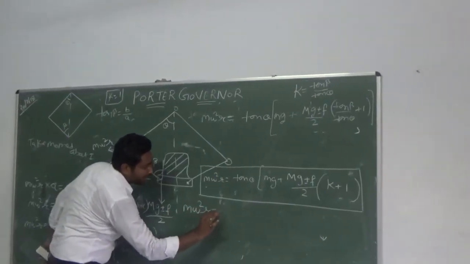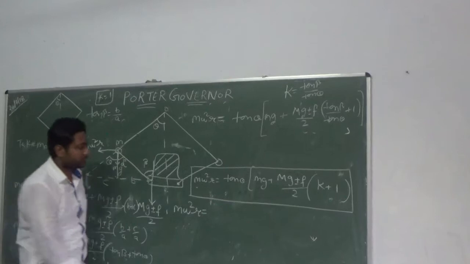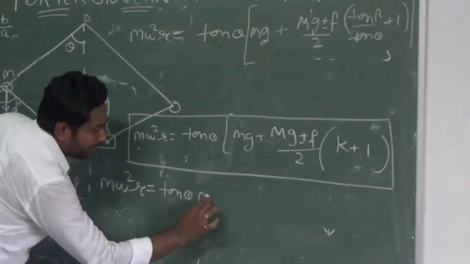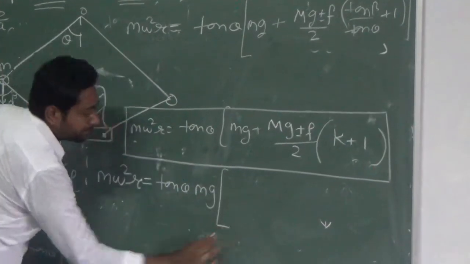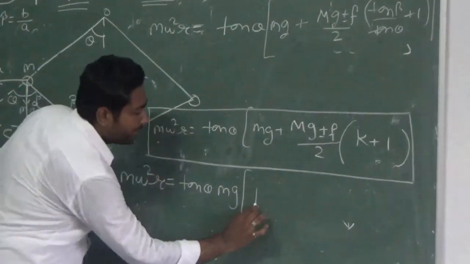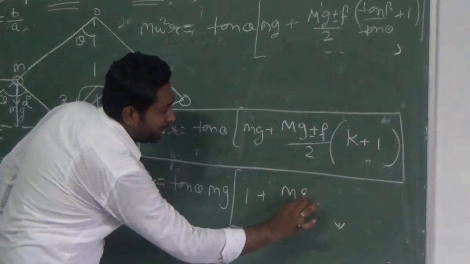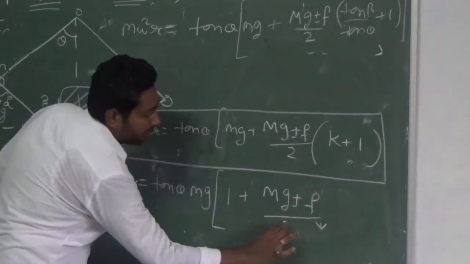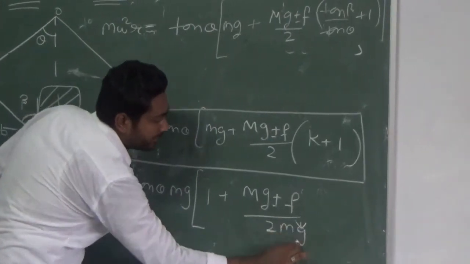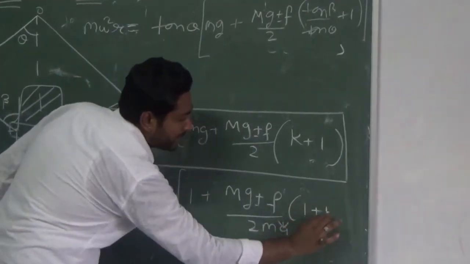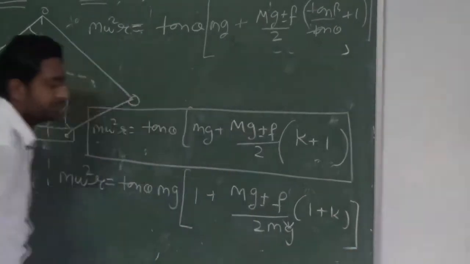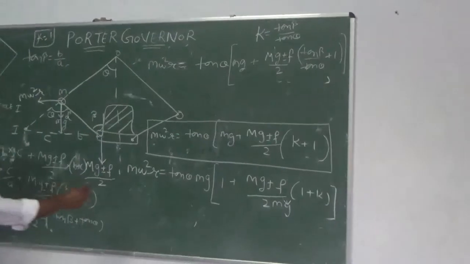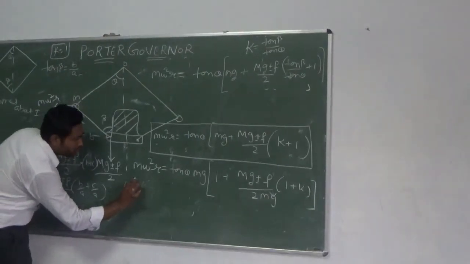M omega square r is equal to tan theta. We take mg as common term: 1 plus capital M G plus minus f by 2 mg, 1 plus k. Understand? Yes, sir. M omega square r.